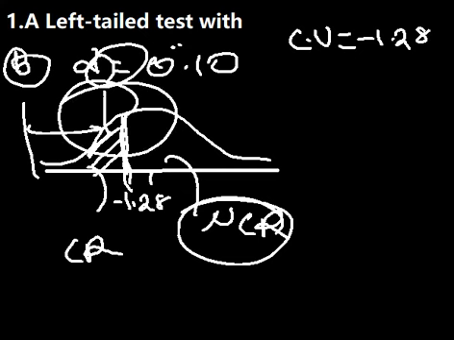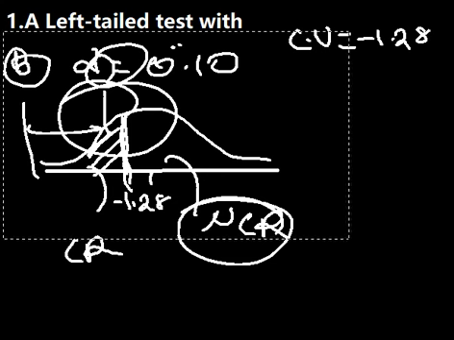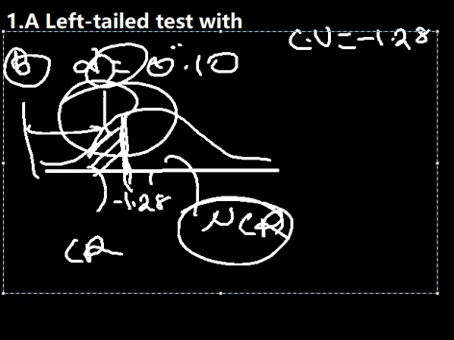Now how about if we have it as right-tailed? How should we be able to get the critical value if it is right-tailed? And mind you, the normal table basically gives us the area to the left-hand side.